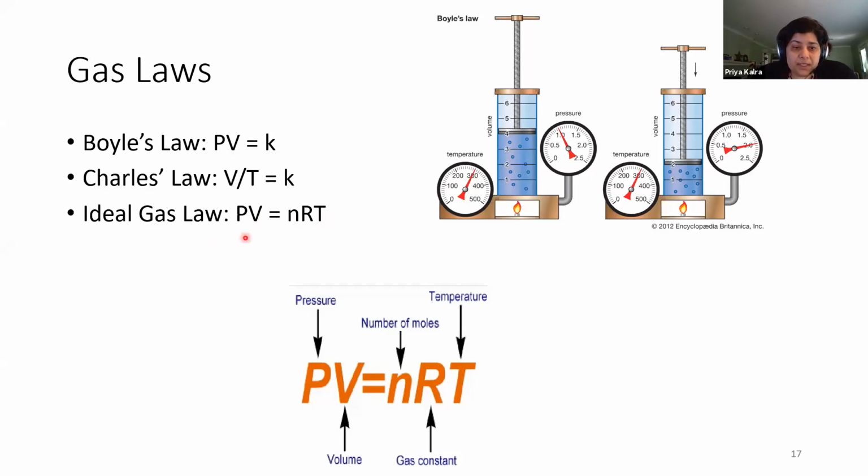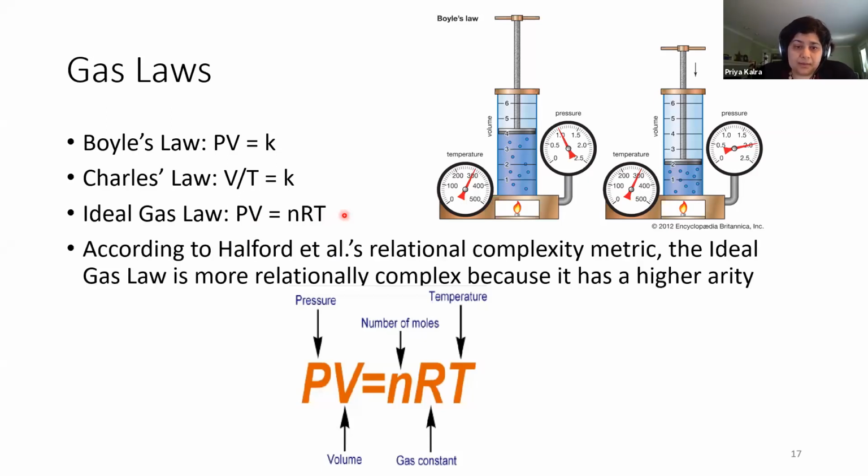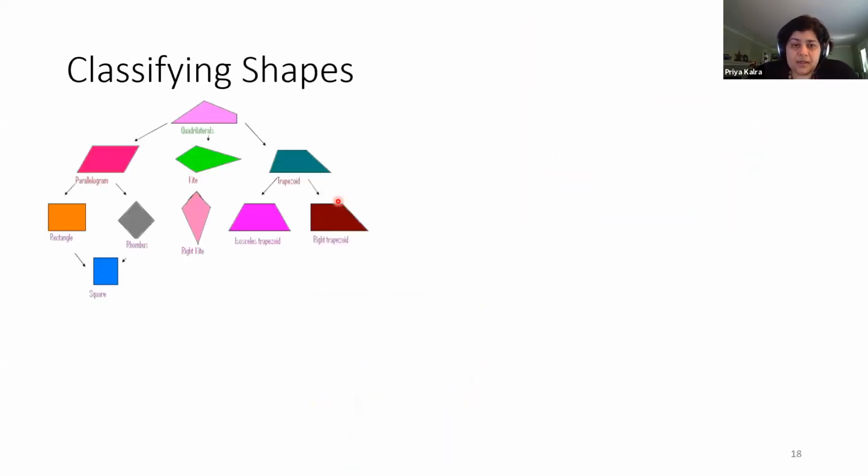And since we have 4 here, this is arguably, if we consider these of binary complexity, we could consider this quaternary. So here's an example where we can identify a difference in relational complexity in some curricular knowledge components. So I'm just trying to play out the idea to get us a little familiar with it.